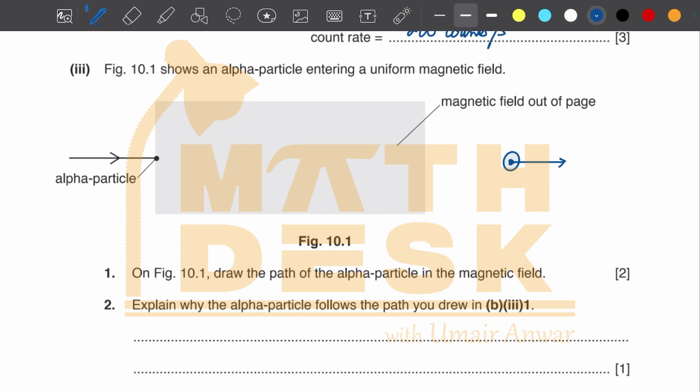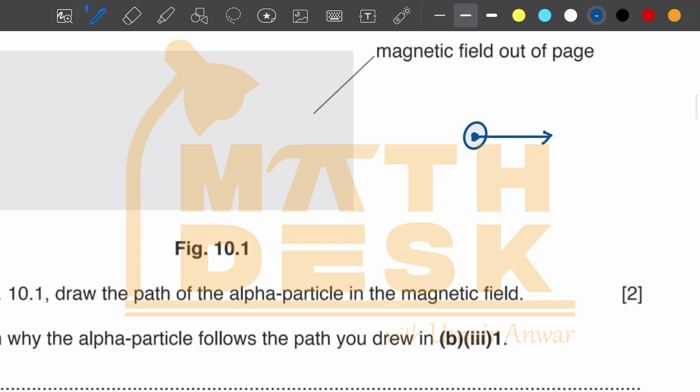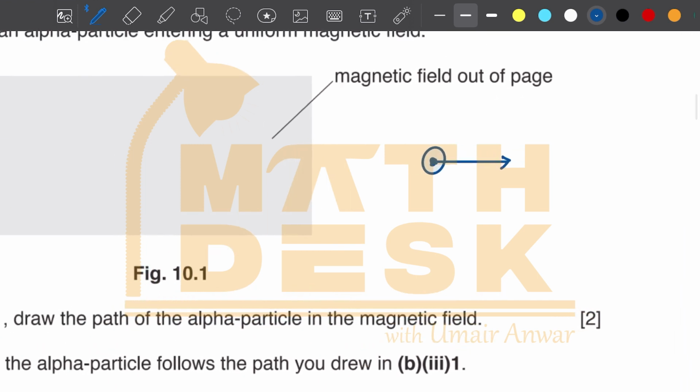Since we know that when a charge is moving, there is a magnetic field associated with the charge, and when that moving charge is placed in another magnetic field, both magnetic fields interact with each other and a force acts on the charge. So for this we use Fleming's left hand rule to find the direction of the force experienced by the charge.